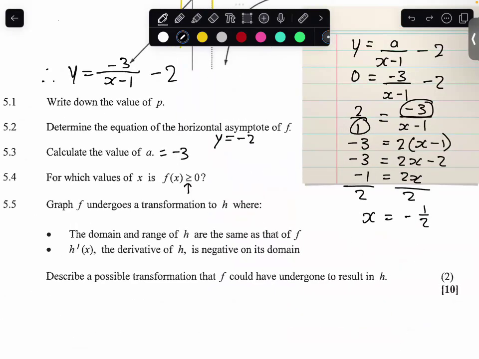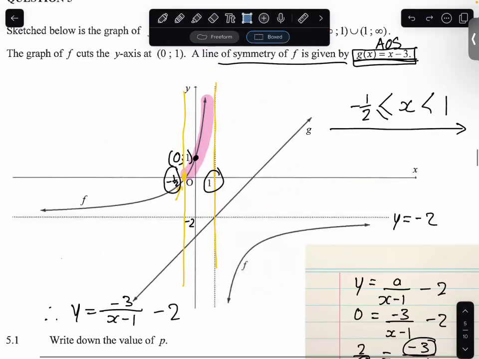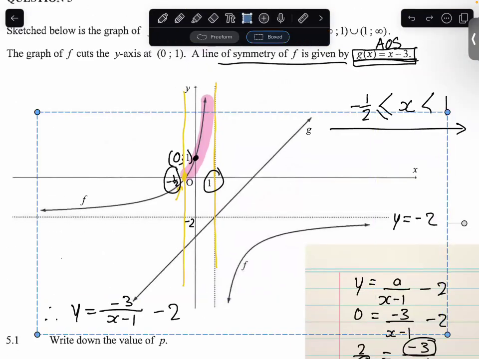The graph f undergoes a transformation to h, where the domain and range of h are the same as that of f. Domain and range is the same.